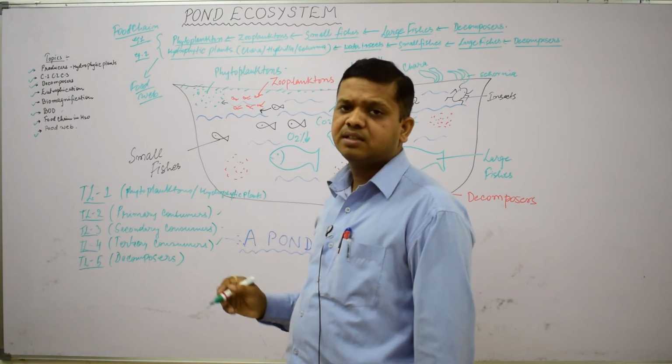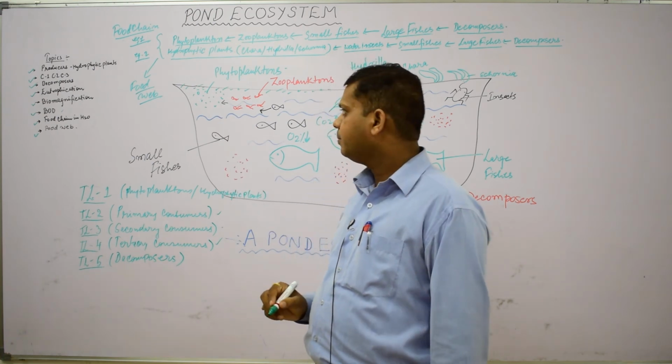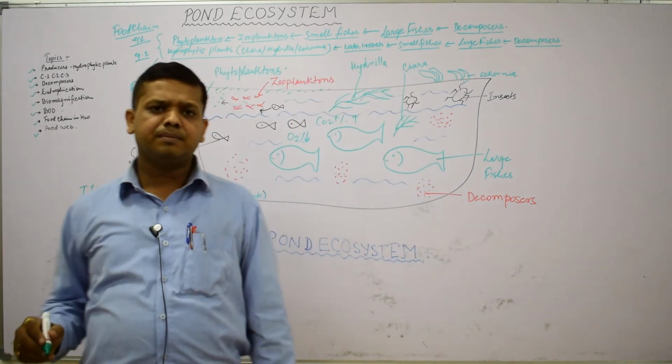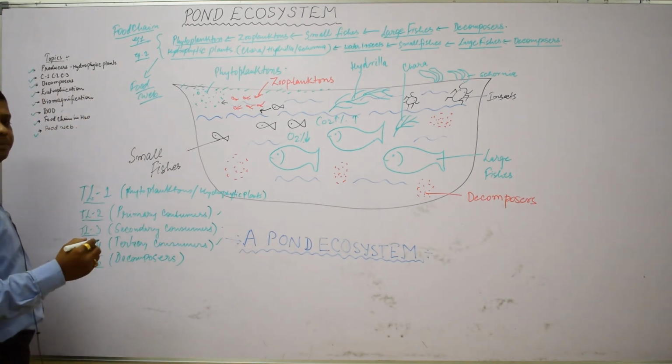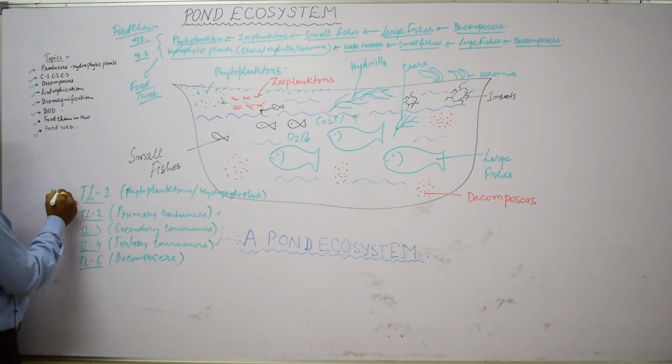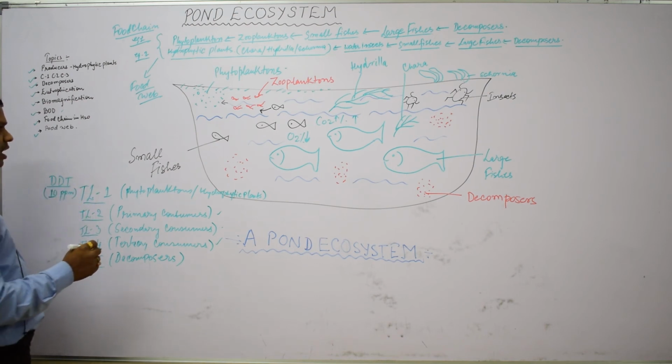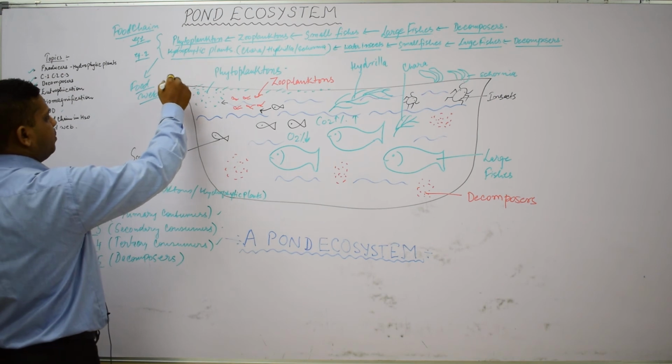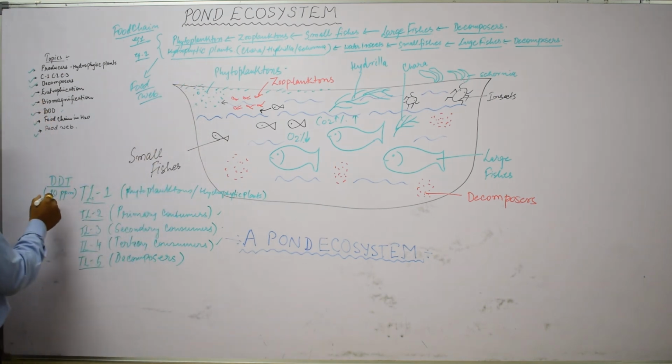For understanding the term biomagnification, we have to understand the term ppm, parts per million. So, here suppose we are taking 10 ppm of DDT. DDT is a toxic substance. Suppose anybody incorporating this, the toxicity is 10 ppm at trophic level 1.